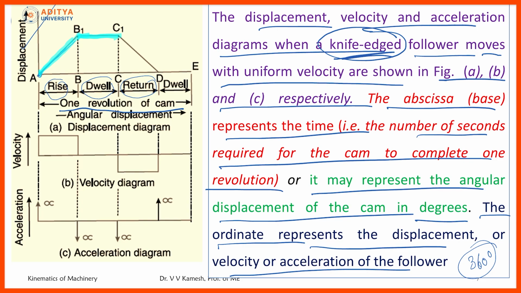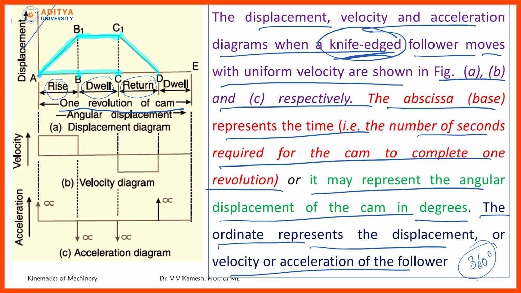So B1 to C1, up to some degrees of cam movement, it will be constant. After this, the cam profile again changes from the circular arc to some other profile, causing the downward movement of the follower. So C1 to D, the follower is moving down.